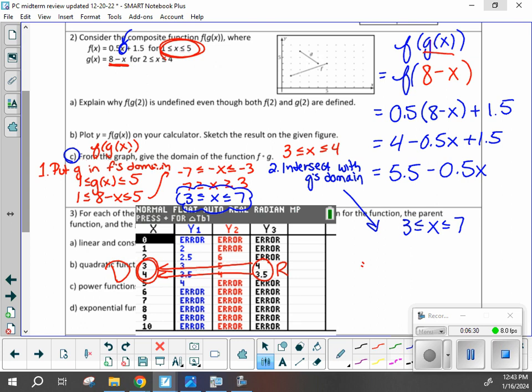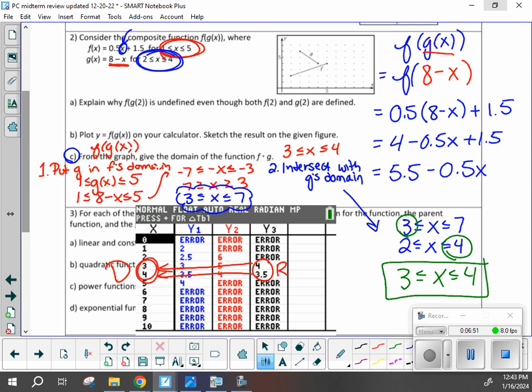I'm going to intersect that with g's domain of 2 to 4. And we're just looking for what numbers did those two inequalities have in common. Where would they overlap? You could draw them on a number line. That helps to actually see where they overlap. But what they would share are values between 3 and 4, which again, we saw in the calculator, but that's the final answer. That is the domain of f of g of x.